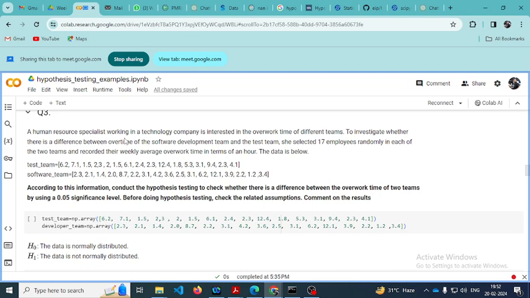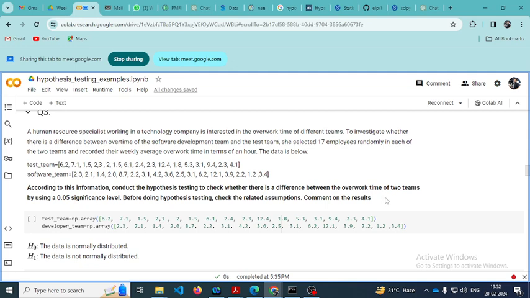A human resource specialist working in a technology company is interested in the overwork time of different teams to investigate whether there is a difference between overtime of the software development team and the test team.